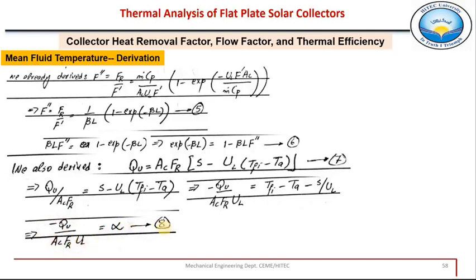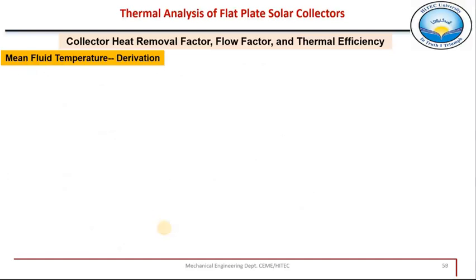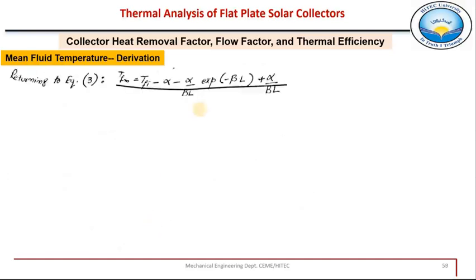Right. So now this is equation 8. So now we have so many equations which we shall now use in the equation 3. I told you that we will come back to this equation 3, which we have already derived, of TFM is equal to TFI minus alpha over beta.